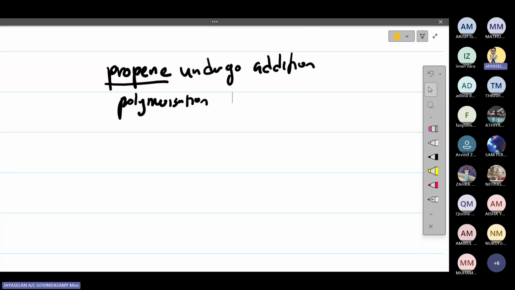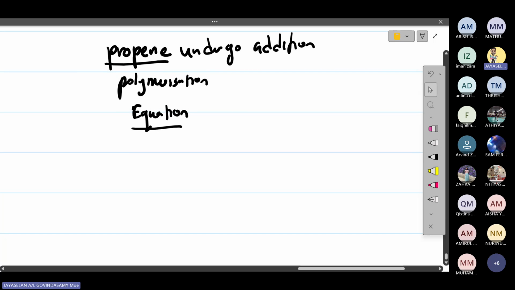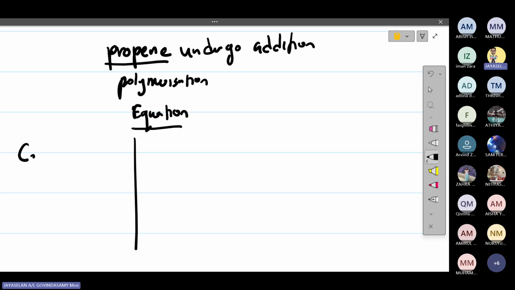Propene molecules undergo addition polymerization. They want you to do the equation. 2 marks, you know. What do y'all do before y'all do the answer? Here y'all write the molecular formula of propene: C3H6.